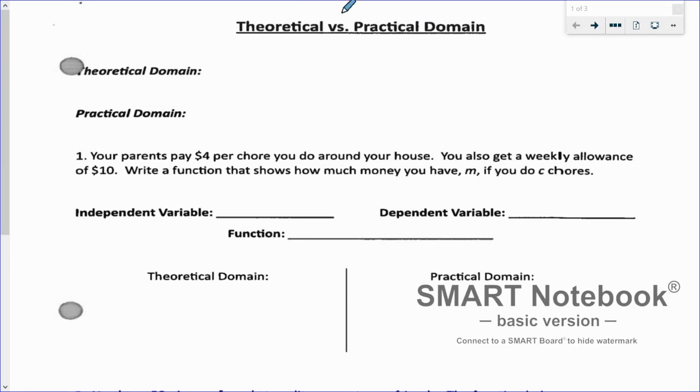All right, so let's talk about a theoretical domain versus a practical domain. As we know, domain is the set of input values. So theoretical domain are the mathematical values that can be put into a function.